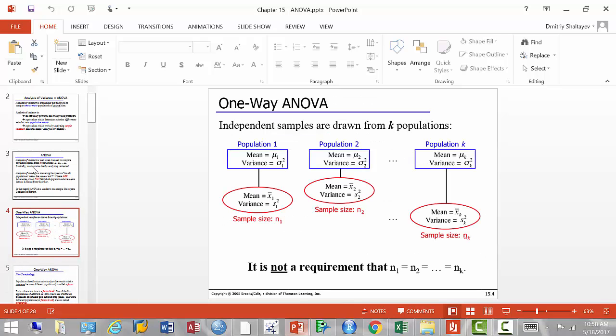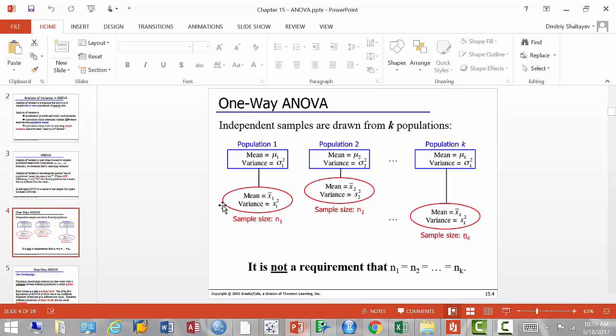All right, so here is the idea. Let me briefly illustrate the reasoning and logic behind ANOVA. I have k populations, as many as I want. It can be 3, 4, 5, 50, doesn't really matter. And I want to compare the means, mu1, mu2, mu_k. We discussed many times that the only way I can know mu1, mu2, mu_k is when I have access to the entire population data, which is not likely. So I have to rely on samples.